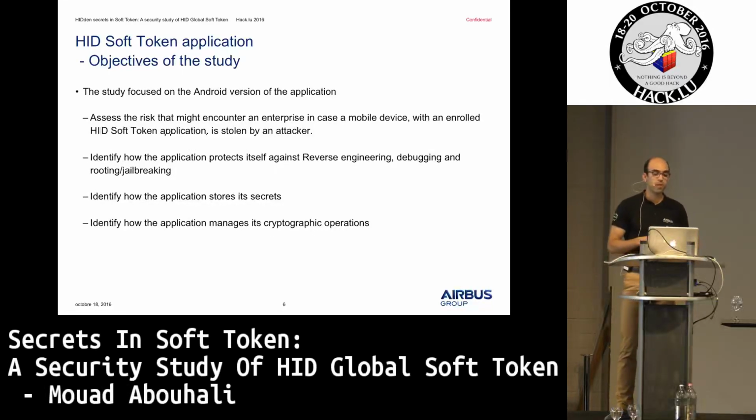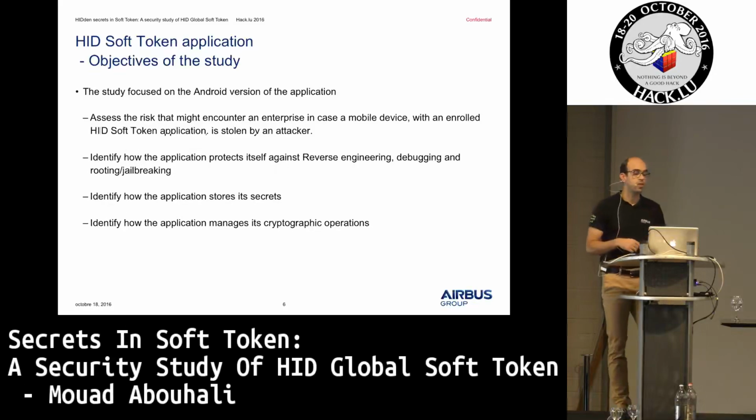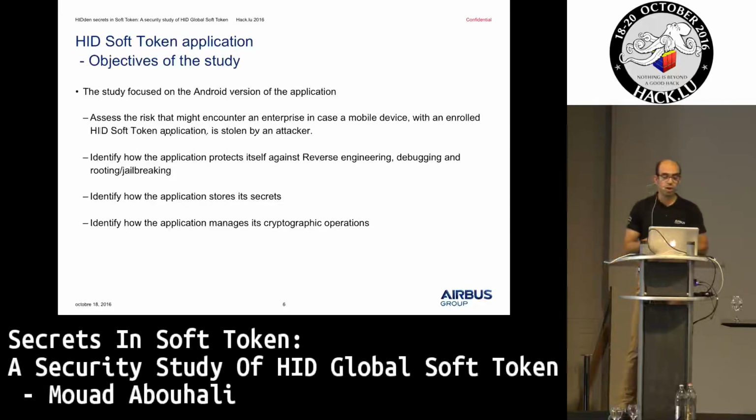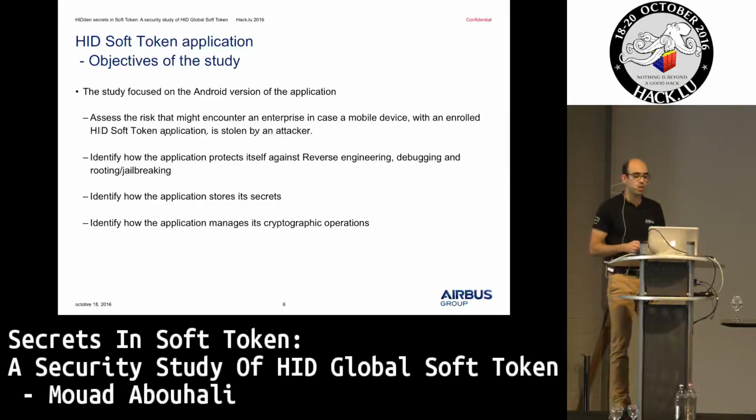That was the major risk that we wanted to assess. Consequently, we also wanted to know how the application protects itself against reverse engineering mechanisms, and how the application identifies that it is running on rooted devices and so on. Those are our main objectives.